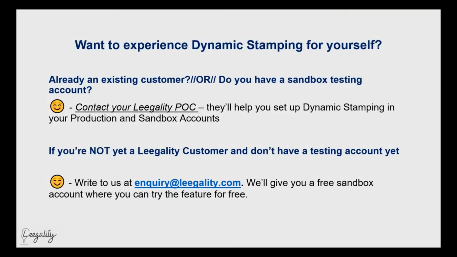Right. The next question, from Priyam, is, can I purchase stamps for two different group companies from a single Legality account? Yeah. So Priyam, that's a very good question. The answer to that is yes, you can. When you're purchasing stamp papers, you can decide what the name of the first party and the second party will be for that stamp paper.